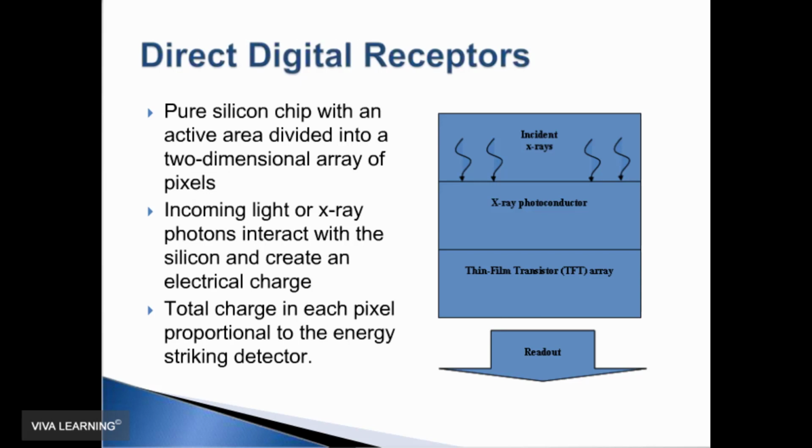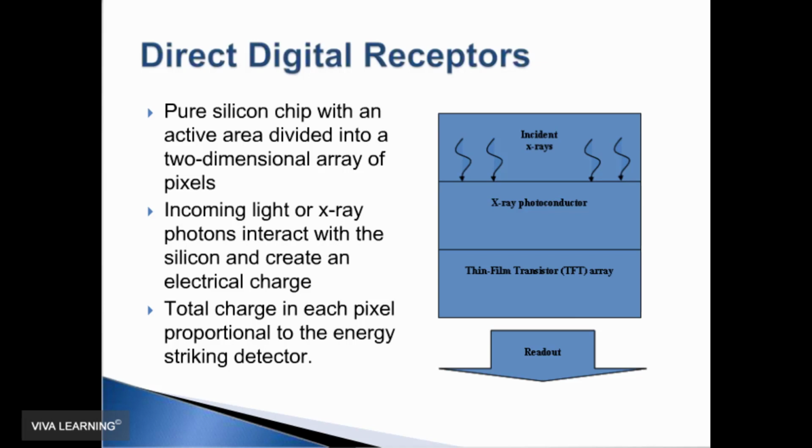Just to take a look at the internal components, inside these rigid receptors are solid-state circuitry, and in addition there is silicon chip technology that's divided into an array of pixels.